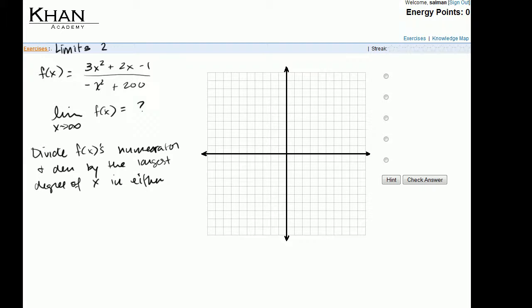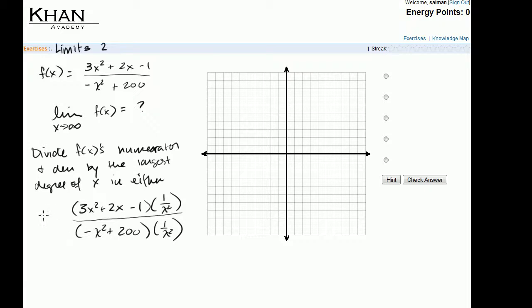So then we'll get this. Actually, maybe we'll do one more step where we show what we're doing. So we're doing 3x squared plus 2x minus 1, all of that over 1 over x squared, and then the denominator will be negative x squared plus 200 times 1 over x squared.